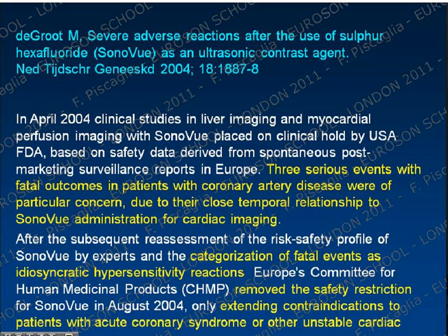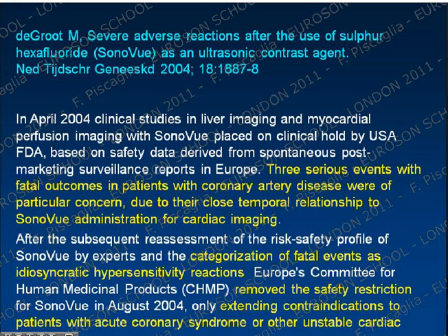And therefore the restriction was removed, and there was only the need to mention particular attention when there is an examination of patients with acute coronary syndrome or other unstable cardiac condition.